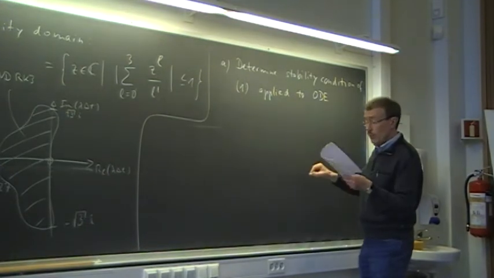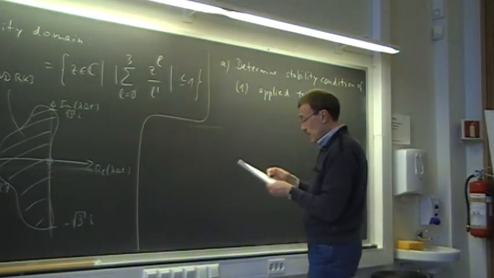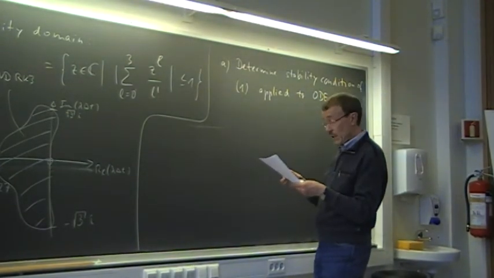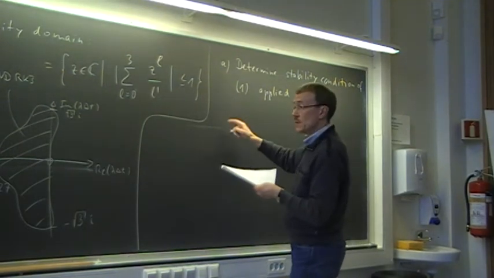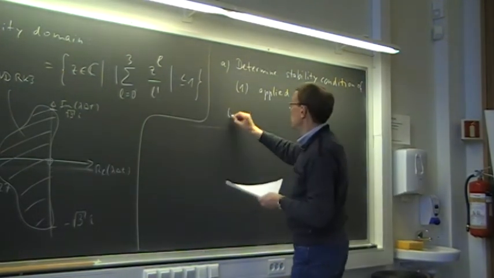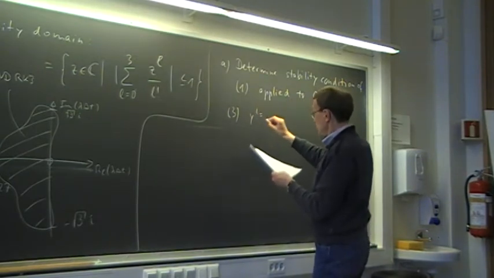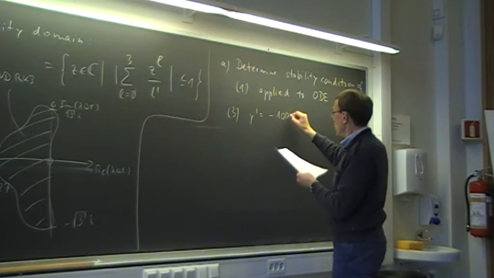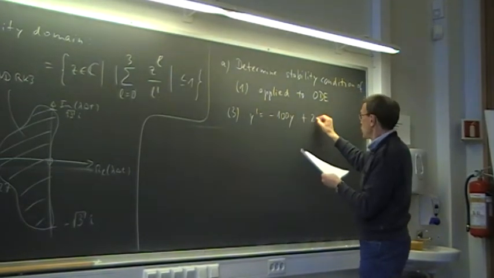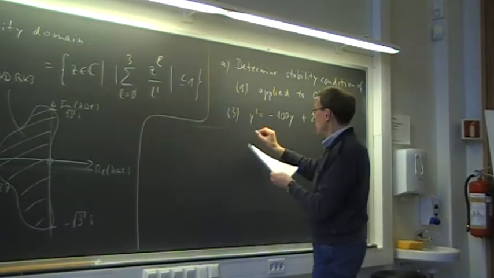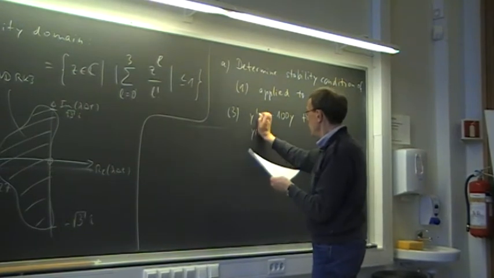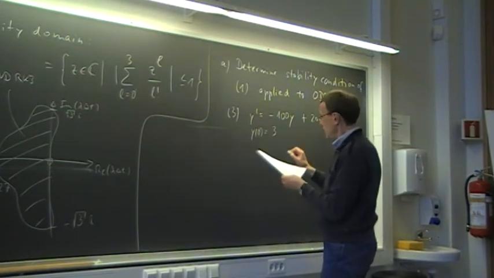That is similar to the one that we had in exercise 3, I think. That is in orientation now number 3. That is y prime is equal to minus 100y plus 200, and some initial condition, y of 0 is equal to 3 in this example.